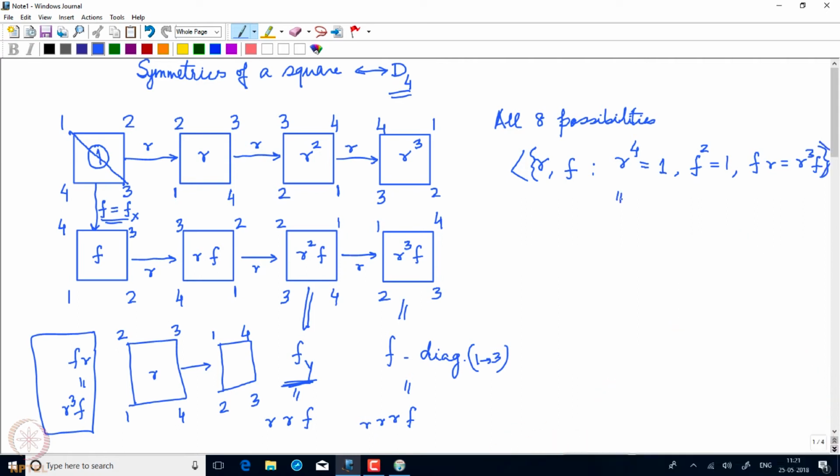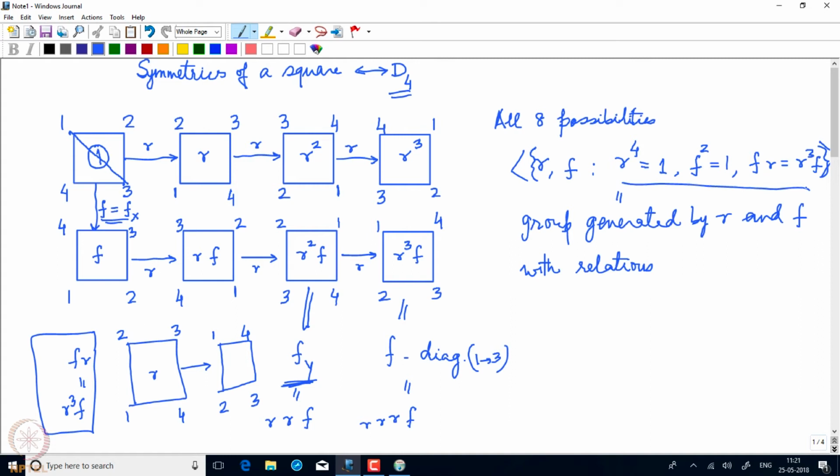So this is the group generated by r and f with relations as expressed here. So every group can be expressed in terms of the generating set and relations. Generating set need not be unique.